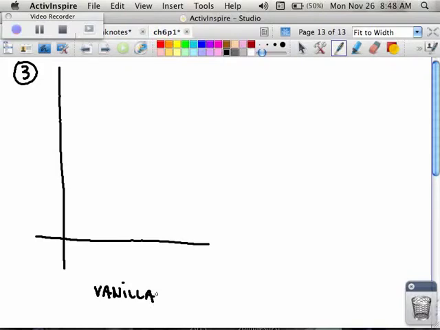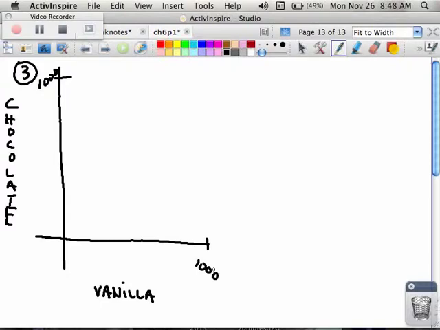And our Y was going to be chocolate. And the maximum amount that we talked about was 1,000 quarts. So I know I can't do more than 1,000 quarts. So I think when I do my graph, I'm not going to go more than 1,000. So up here would be 1,000, let's say, and then down here would be 1,000.